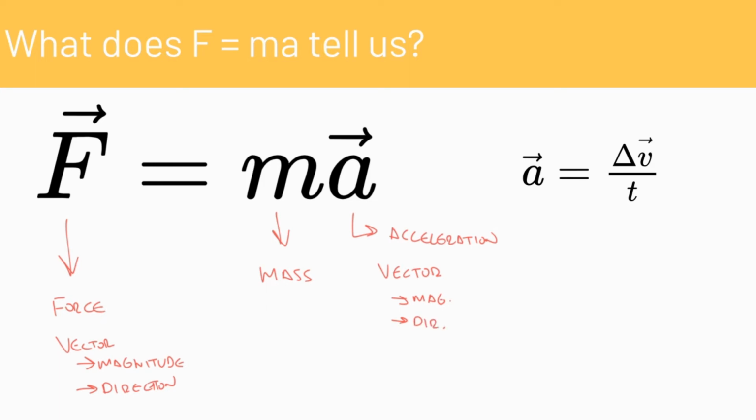Just a quick review here, acceleration is the change in velocity divided by the change in time. If we think about the change of velocity as being our final velocity minus our initial velocity, that is our acceleration. That's how we can think about acceleration.